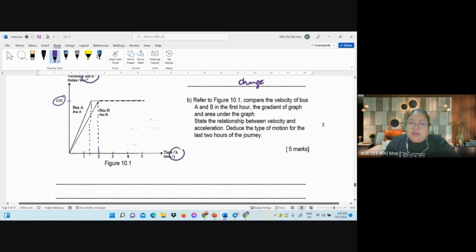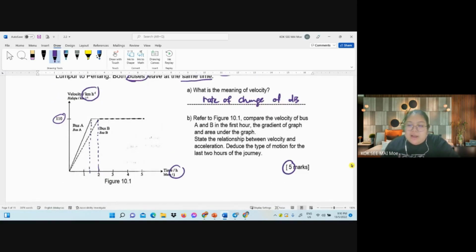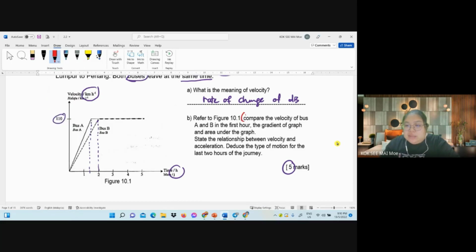Okay, now the next one is refer. You see 5 marks. 5 marks, that means inside sure 5 things you need to list out. One by one, underline, tick. Compare velocity of bus A and B in the first hours. So this is the first thing you need to answer. Number 2, the gradient of the graph.